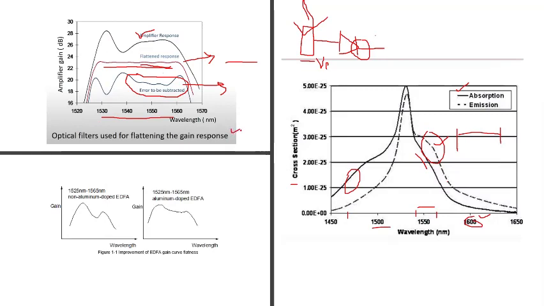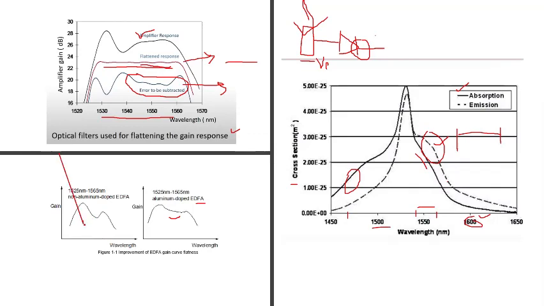The second technique is that we can make a certain type of amplifier, like we can do aluminium doping in the EDFA. That gives us a relatively more flattened response as compared to non-aluminium doped.